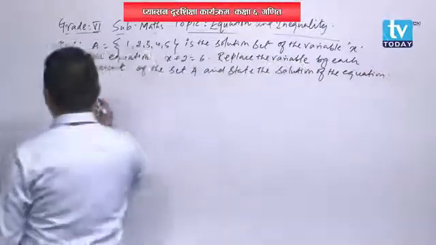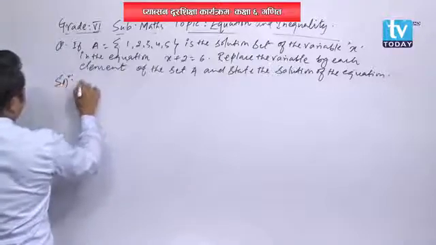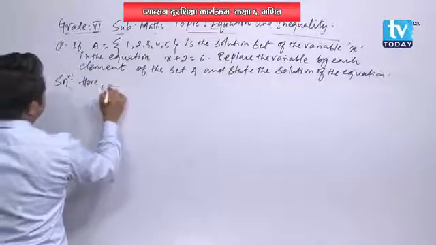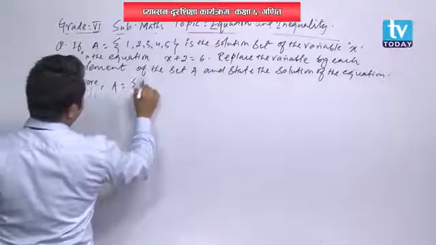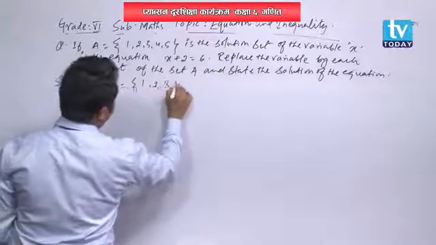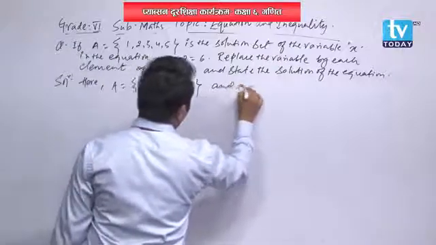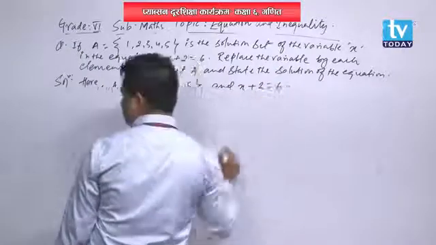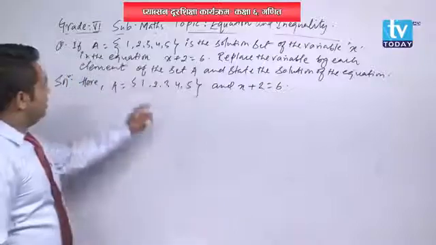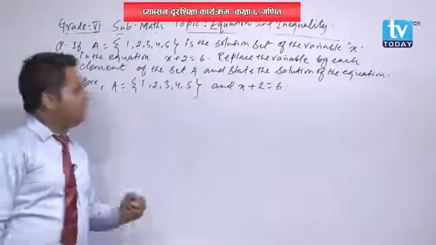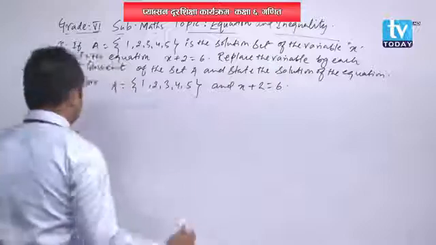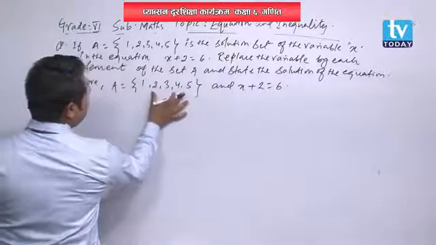Here, it is given that set A equals 1, 2, 3, 4, 5 and x plus 2 equals 6. Now these are all the values of x.